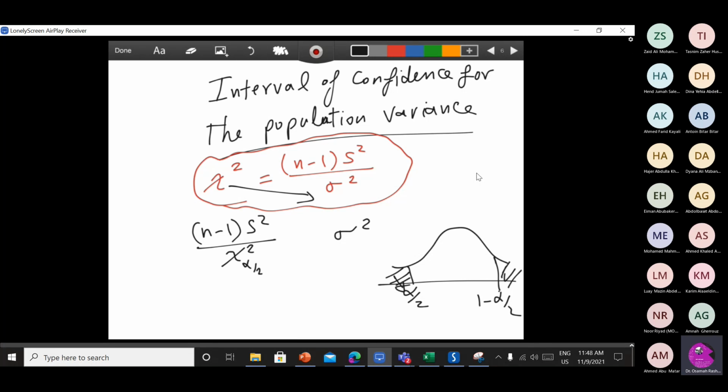In the chi-square, you also need a degree of freedom, very similar to the T. What is the degree of freedom? It is the sample size minus 1. Now, what about the right-hand side? It will be the same, n minus 1 times s square over chi-square of what?